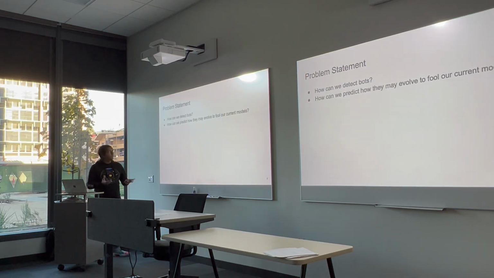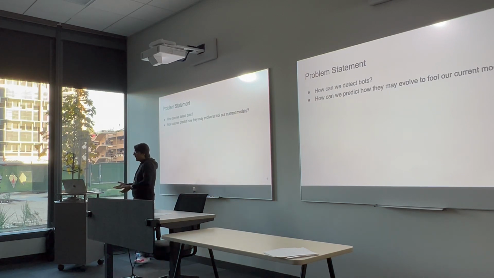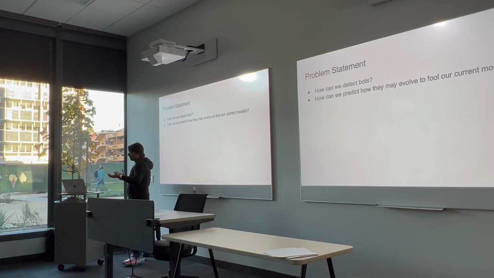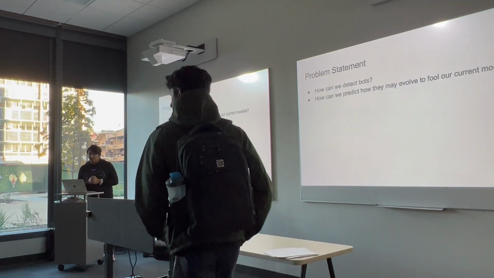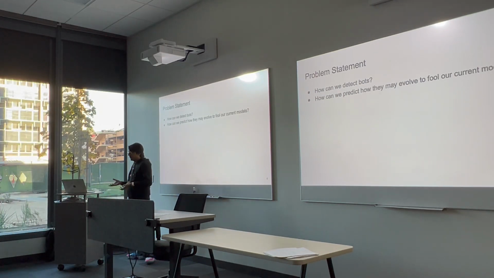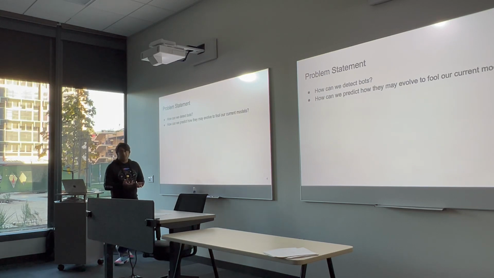So the problem is twofold. The first problem, obviously, is how can we detect these bots? And that's pretty straightforward. There's also a second problem, and this is a problem with all of security, I could say. Let's say we come up with a model to detect bots. Currently, well, the creators of the bots are not going to rest on their laurels.